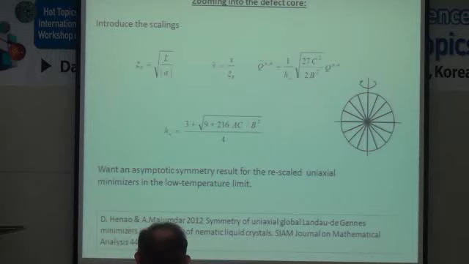I don't really want to explain the technical details, but the idea is that these scalings magnify the defect core as you move to the low temperature limit. And some of you will recognize that I'm actually rescaling the length in terms of the nematic correlation length. So this is really a way of measuring defect size in units of the nematic correlation length. That is the whole point of these scalings.